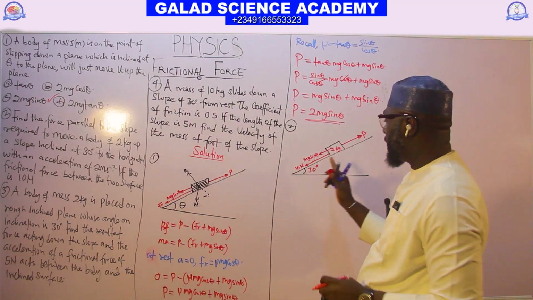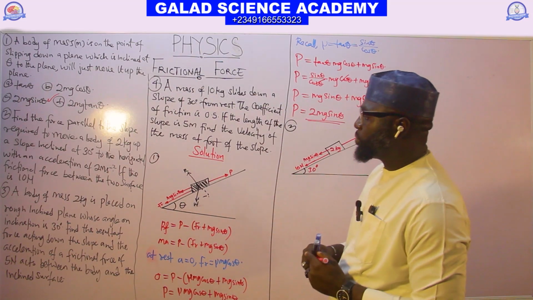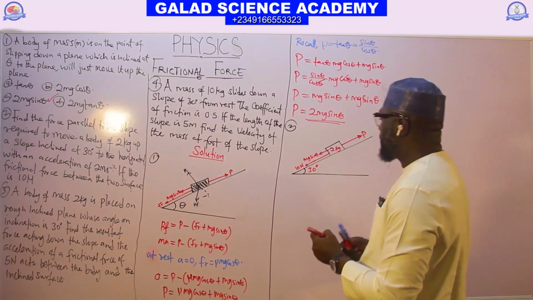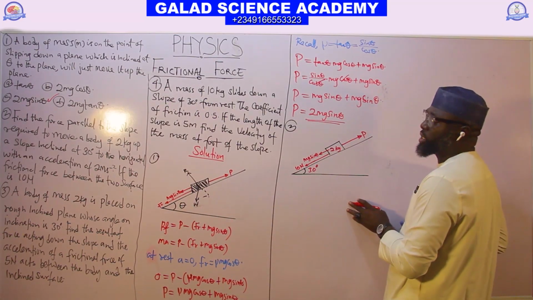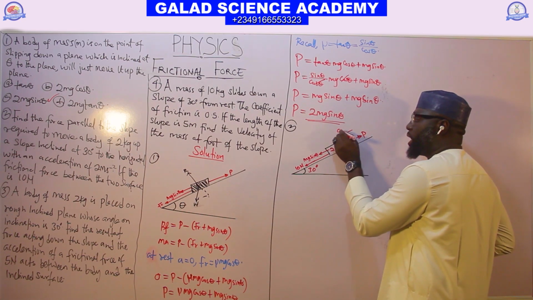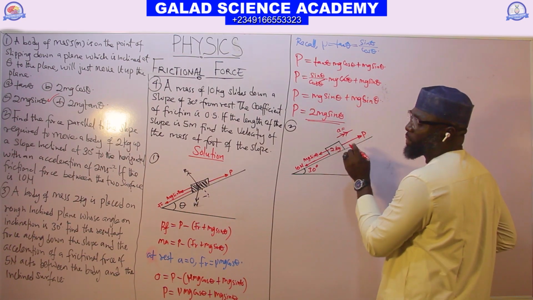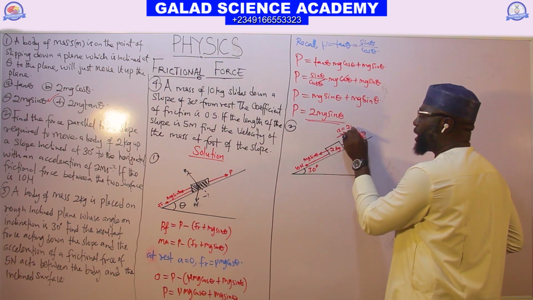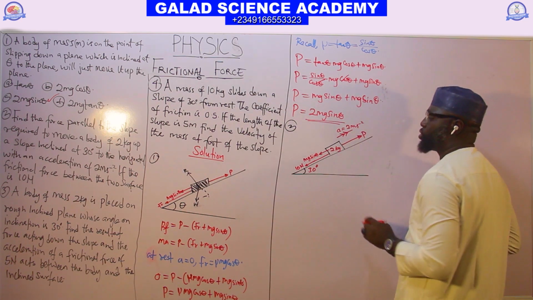Here they give us theta as 30. The body is moving up, like this. Our acceleration a is 2 meters per second squared.